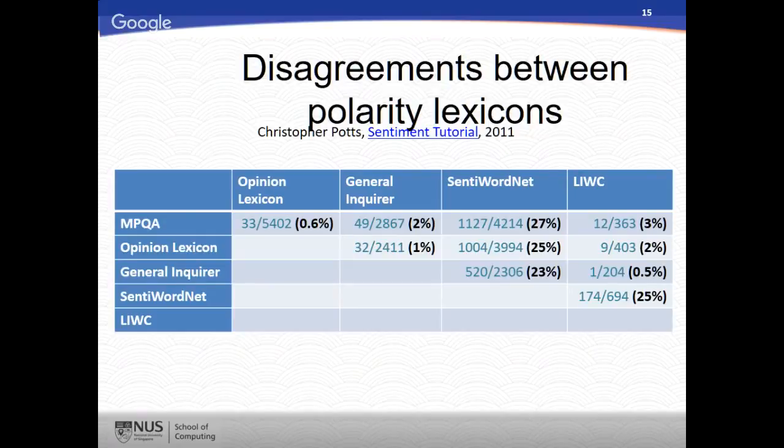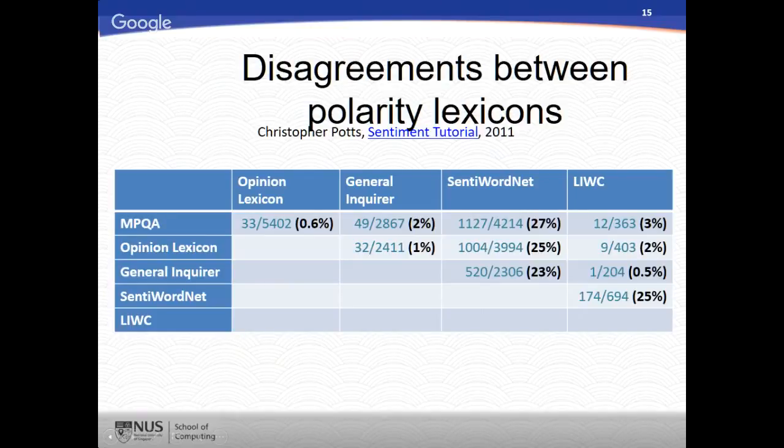Okay, this is an interesting discovery. Since we have so many lexicons, will these lexicons contain the same information? Some researchers compared them and found there are a lot of disagreements between the sentiment lexicons, which means sentiment itself has an ambiguity, right?